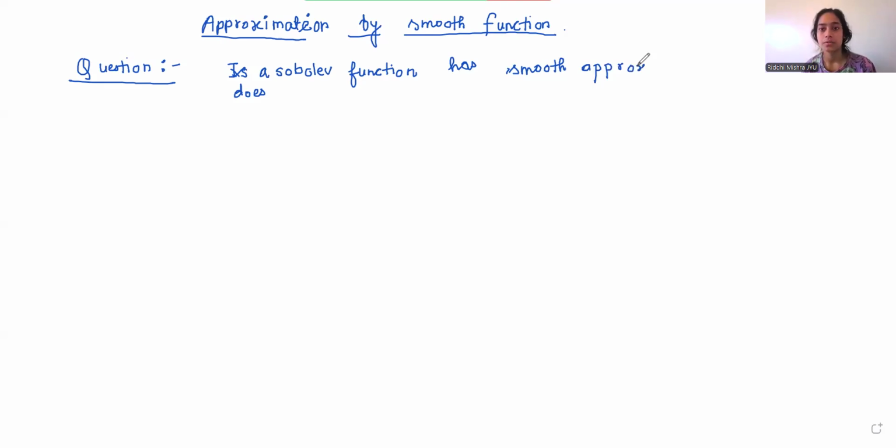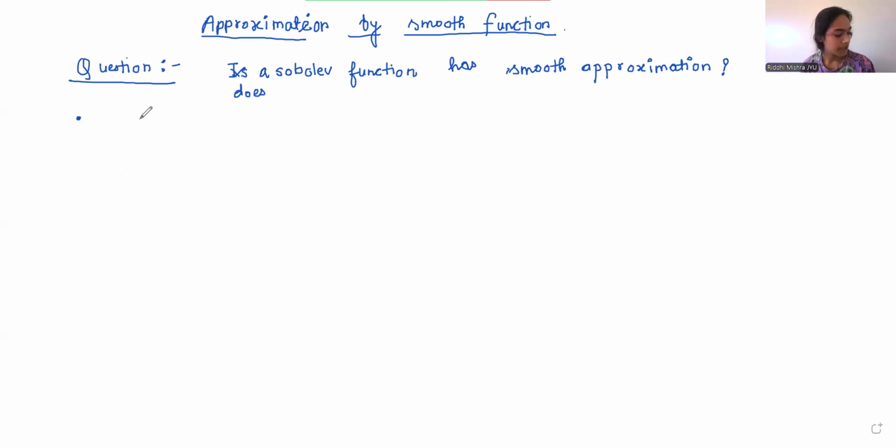Before studying the topic, I want to introduce a smooth function example which we have seen in complex analysis. That is the example where the function is not complex analytic, but it is smooth.